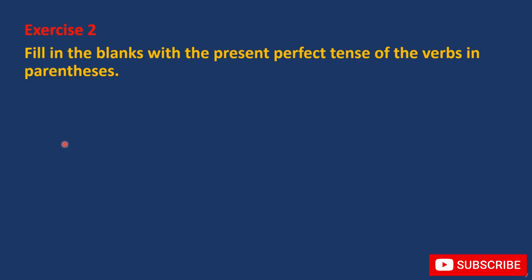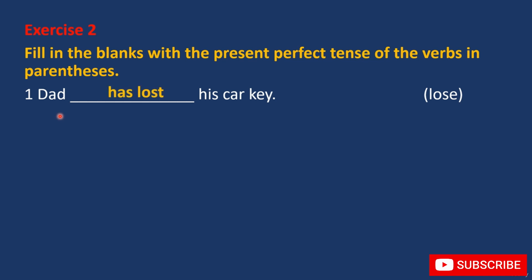Exercise 2. I need you to fill in the blanks with the present perfect tense of the verbs in parentheses. Dad, his car key. I need present perfect. So we use have or has plus past participle of the verb. Dad has lost his car key. Excellent. All the guests arrived. All the guests have or has.